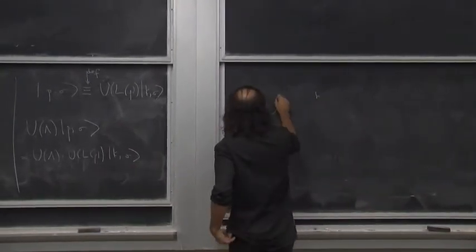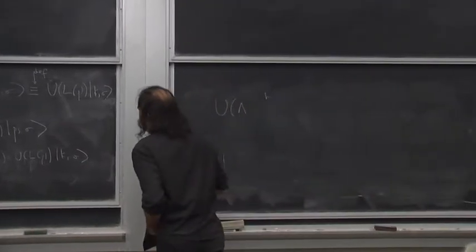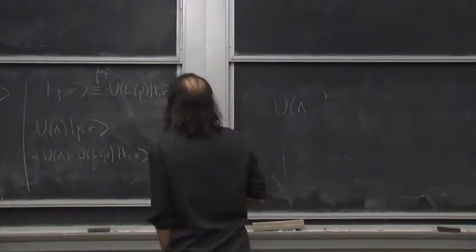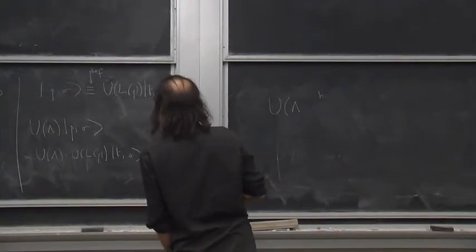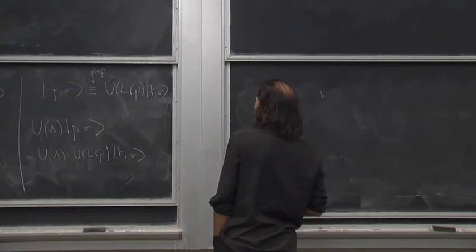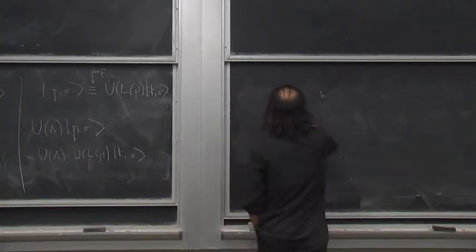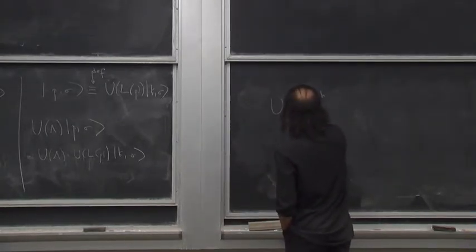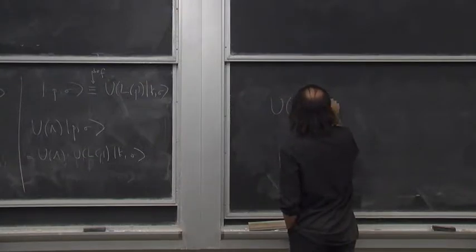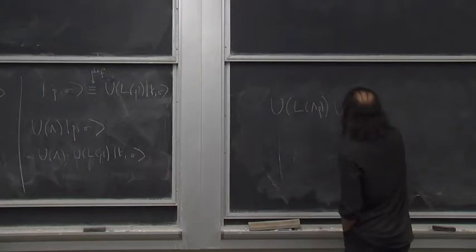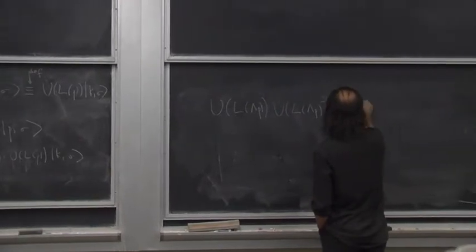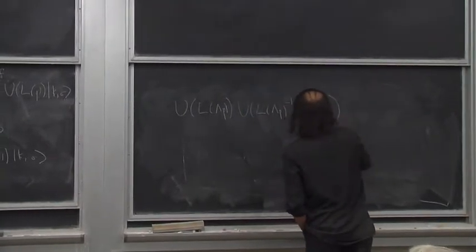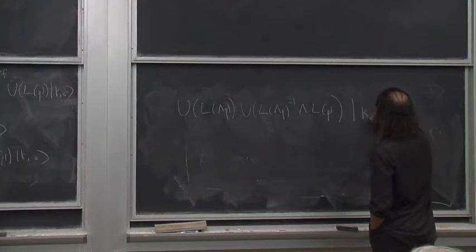So this is u. I mean, clearly we want to get something like u of L of lambda p times u of L of lambda p inverse lambda L of p on k and sigma.